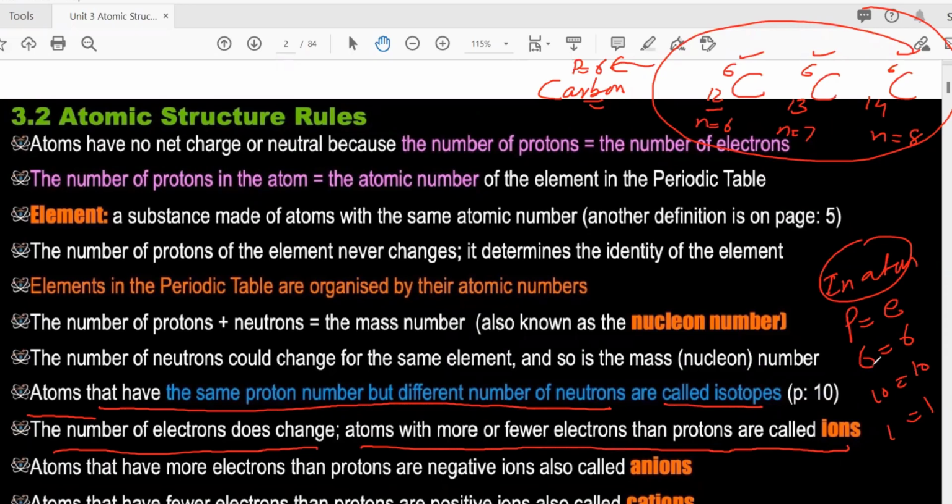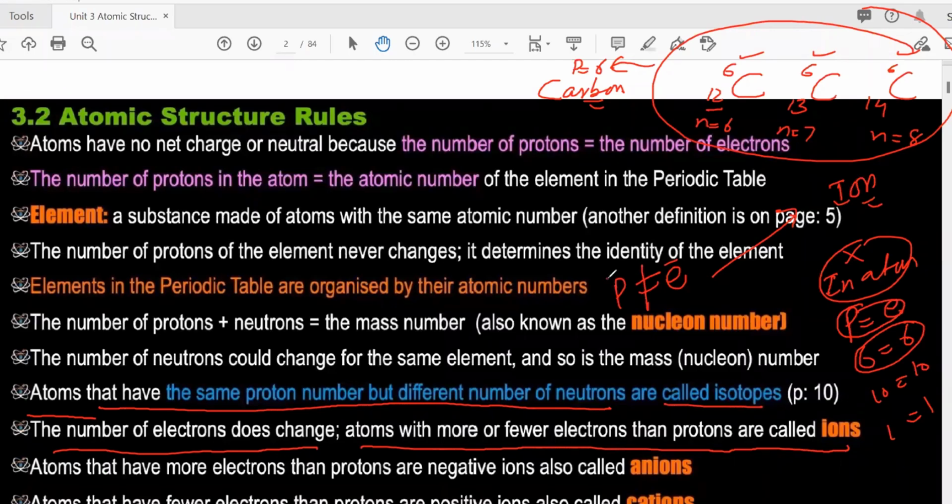Atoms lose electrons. If an atom loses or gains electrons, the number of electrons will be changed. If the number of electrons is changed, then it will not be equal to the number of protons. At that time, we cannot say it is an atom. We say it is an ion.